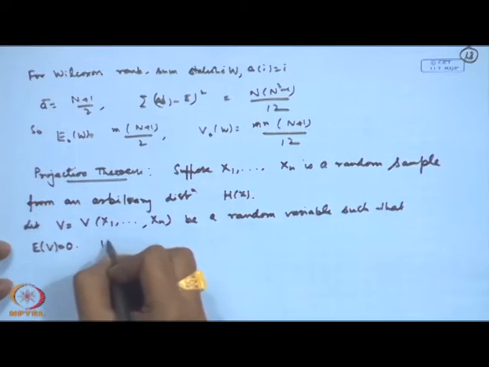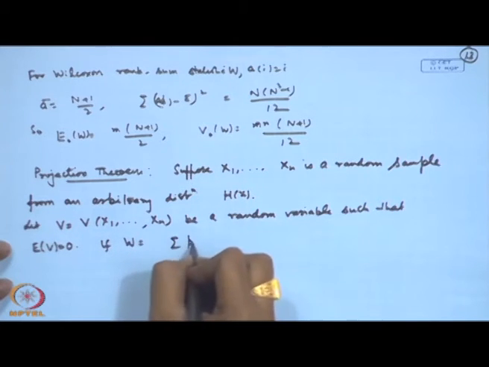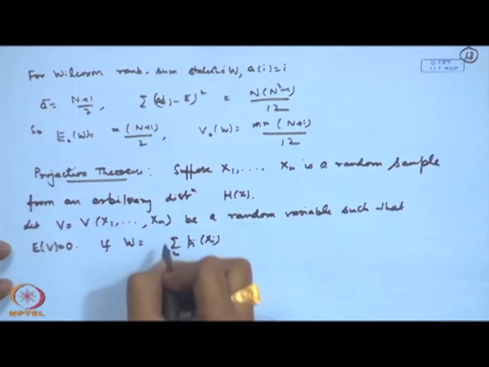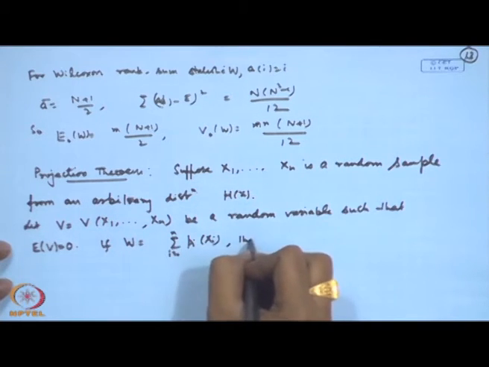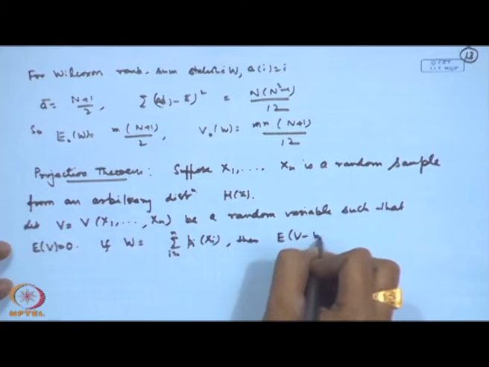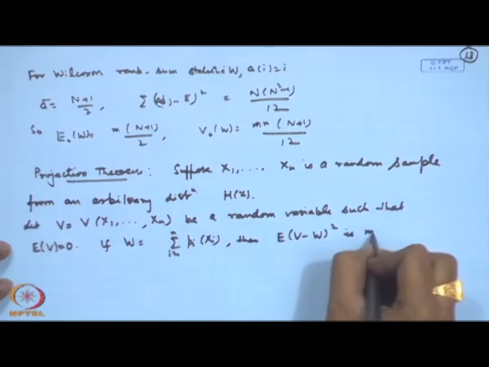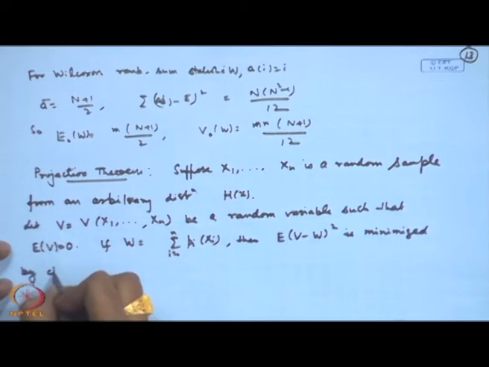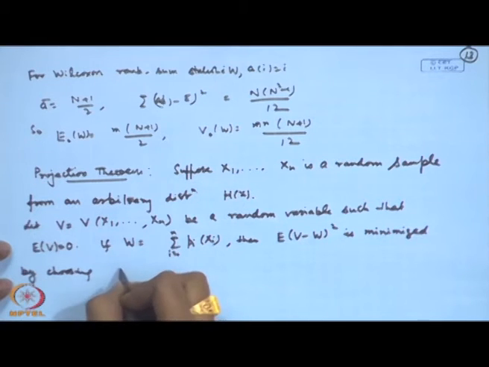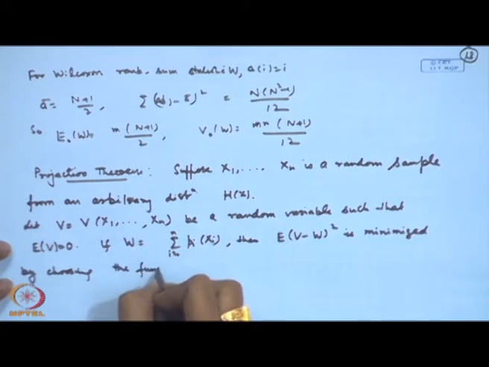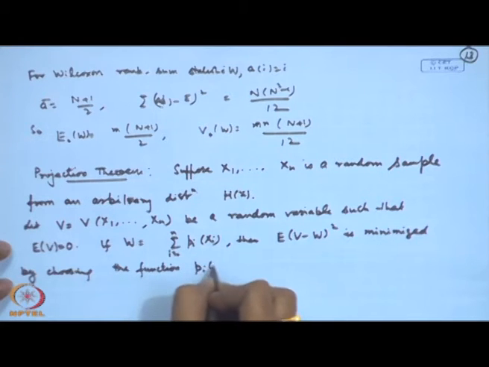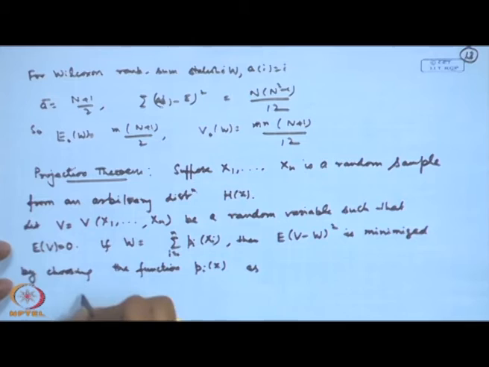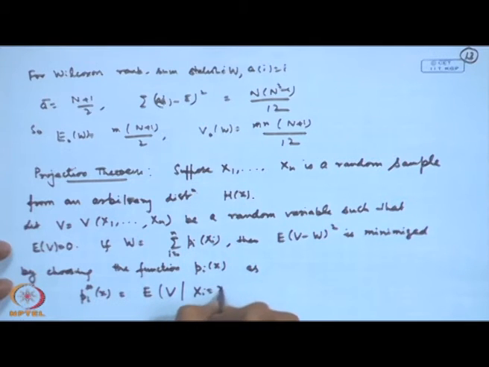Now, if W is equal to sigma p_i(X_i), i is equal to 1 to n, then expectation of (V minus W) square is minimized by choosing the function p_i(x) as p_i star(x) is equal to expectation of V given X_i is equal to x.